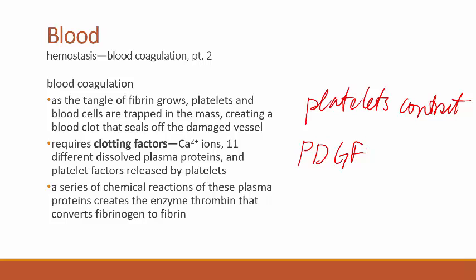So the fibroblasts come in, they invade the surrounding connective tissue, they produce new connective tissue fibers, and all the while the fibrinogen of the clot is being broken down by plasmin.